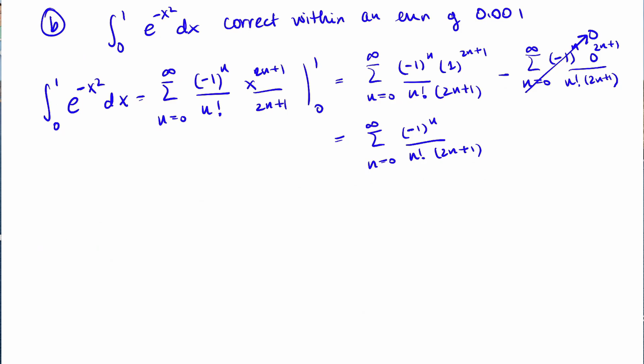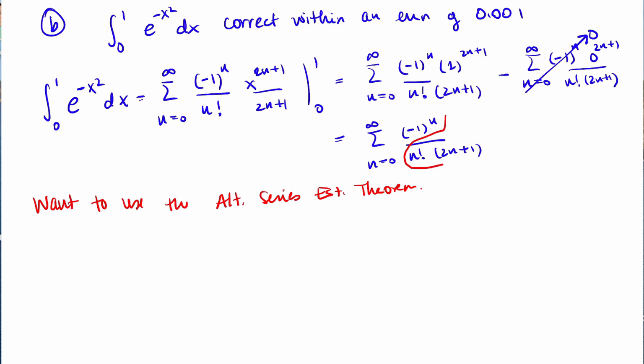If I want to use the alternating series estimation theorem, I have to make sure that it actually applies. We know that given our series, the thing that multiplies the negative 1 to the n is Bn.